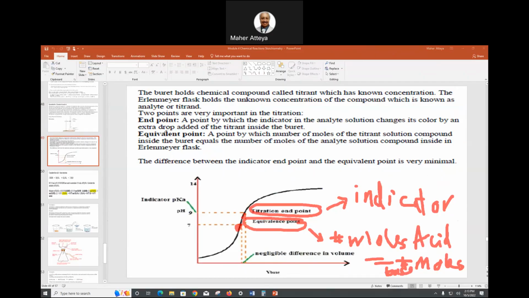The automatic one will give you the best result. Even the electrical automatic one will give you exactly where the equivalent point is. It will not give you the titration endpoint because you don't use an indicator or see it with the eye. The instrument will give you where the equivalent point is, and that's exactly how many moles of the acid react with how many moles of the base.